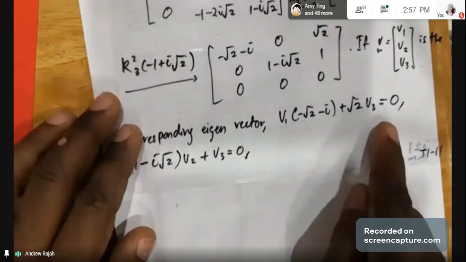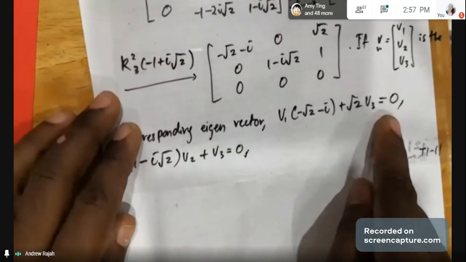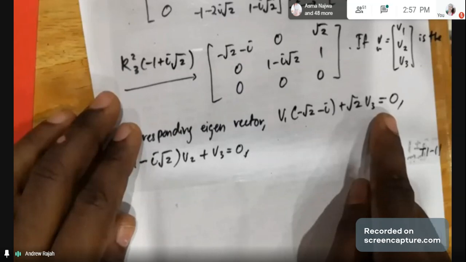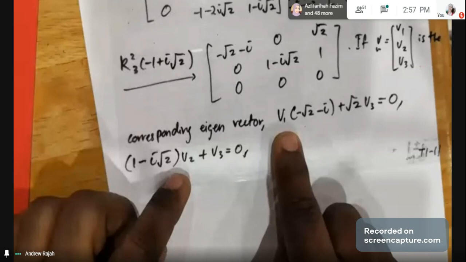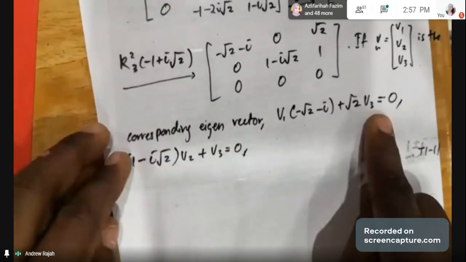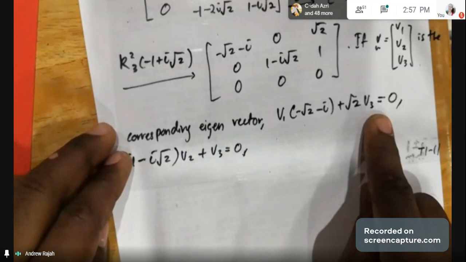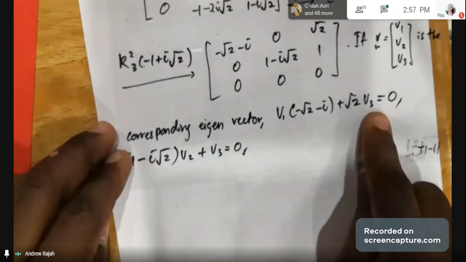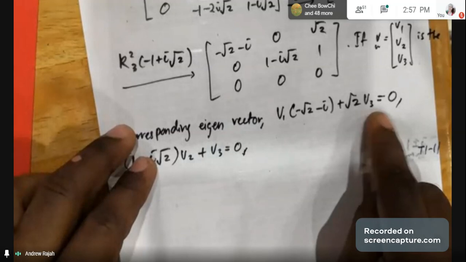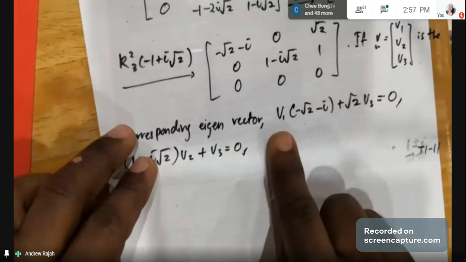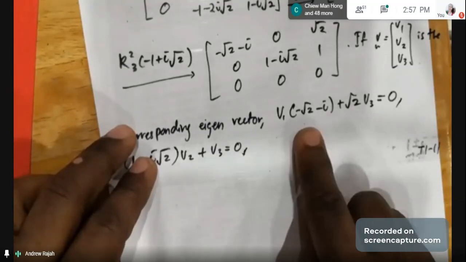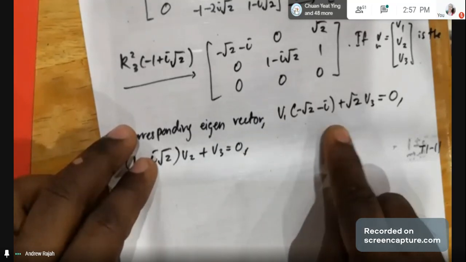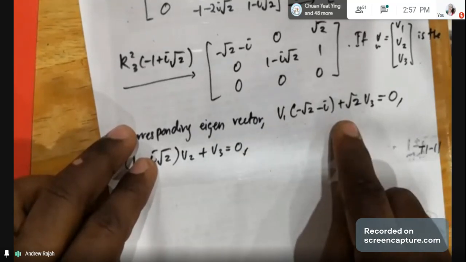So one of them you can choose as anything other than 0. If we choose V3 as 1, then V1 we get square root 2 over negative square root 2 minus I. Then we have to simplify that some more.